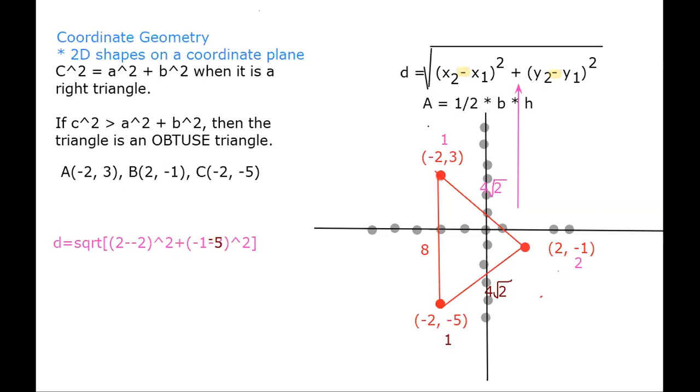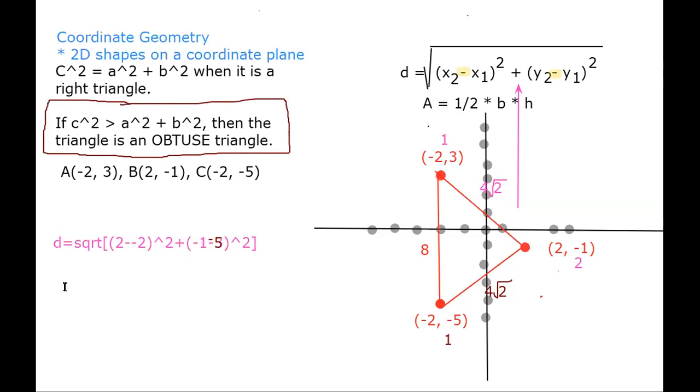If you don't know that, you could put 4 root 2 in your calculator and see if it's more or less than 8. So put 4 second root 2, enter, switch it to a decimal, it's 5.65. So the longest side is our 8. That's what we're going to use for our C, and we're going to put it in this converse right here.